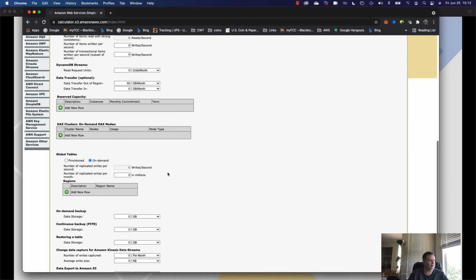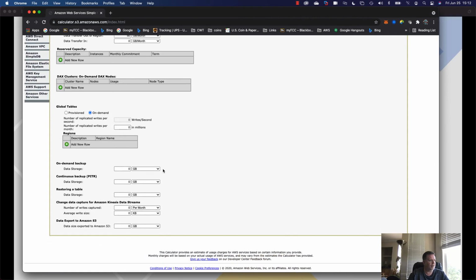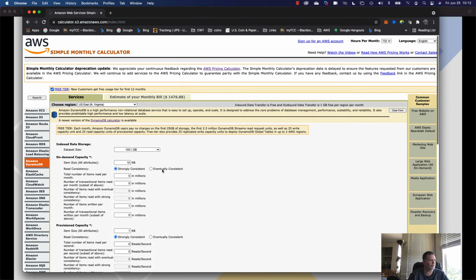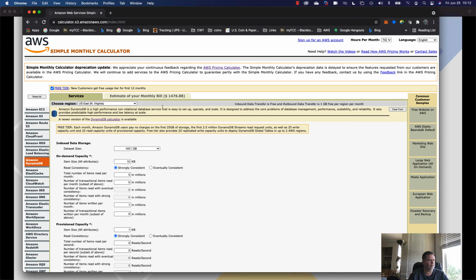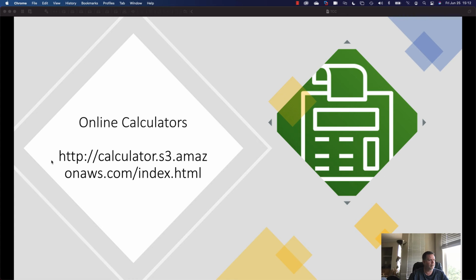But anyway, you can then add backups, add whatever service you want, and you can do the calculations, and it'll give you an idea about how much your solution's going to cost you. And once again, the URL is calculator.s3.amazon.aws.com/index.html.